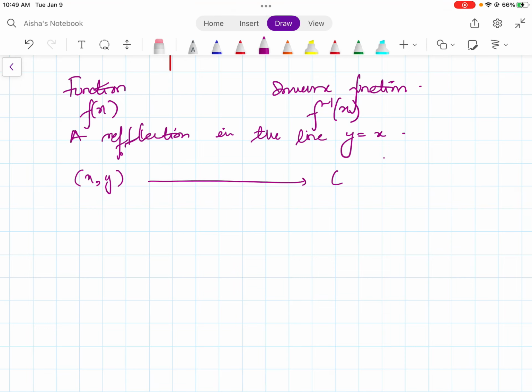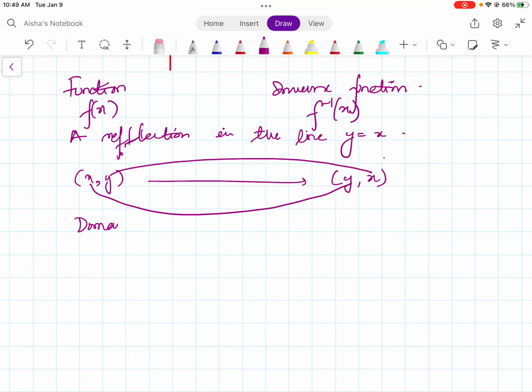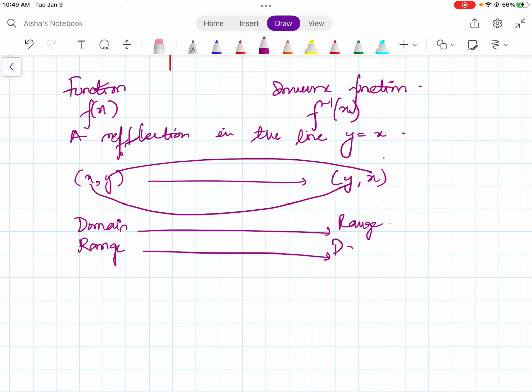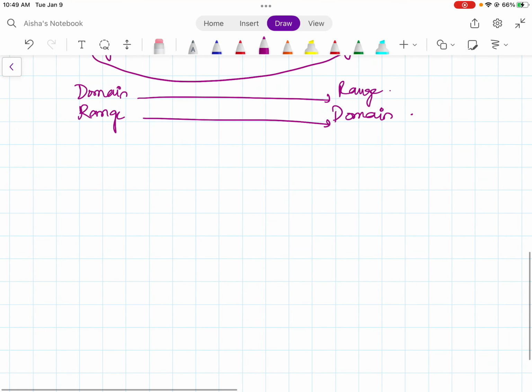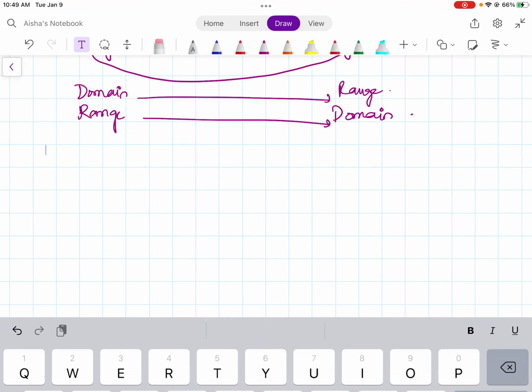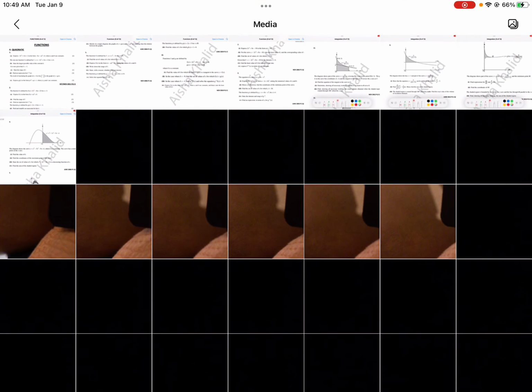In the reflection, this is what happens. X becomes y and y becomes x. Domain becomes the range. Range becomes the domain. Okay? Let's move on to the examples now. The rest of the concepts will be done with the help of examples.